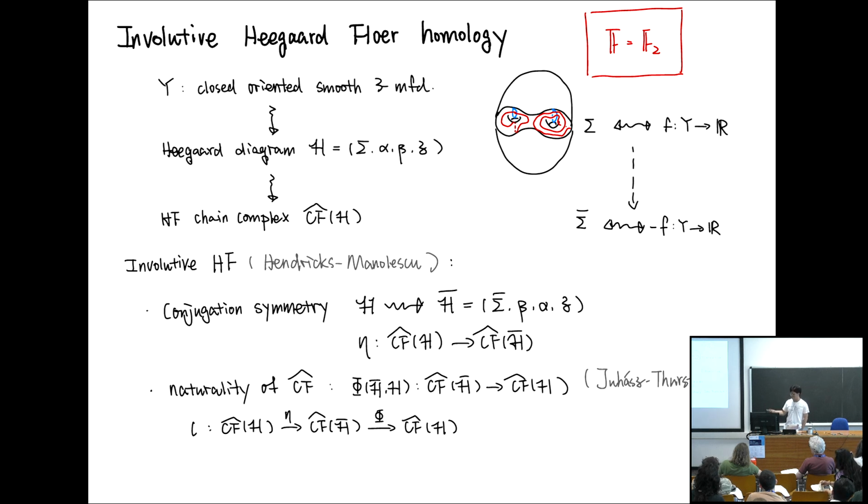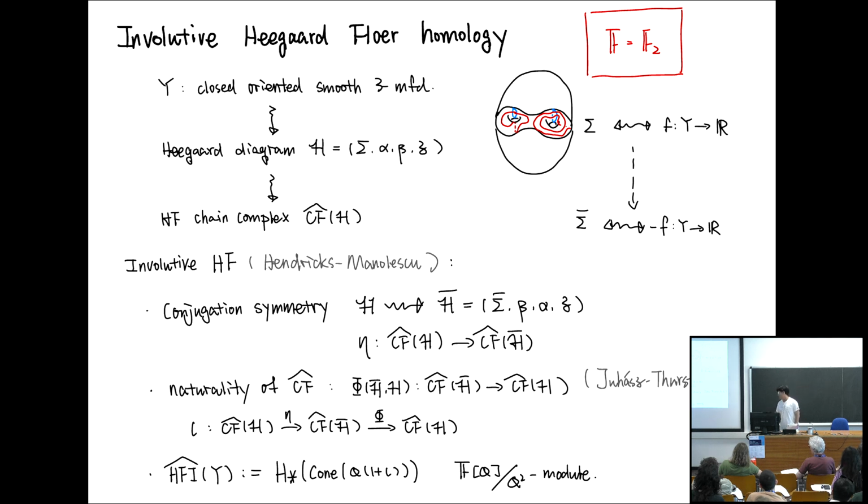So you can compose these two maps and get the very famous iota map in Heegaard Floer theory, which is a map from CF hat of H to itself. And involutive Heegaard Floer homology is an invariant you can cook up from the iota complex. All right, so that is the motivation of this project.